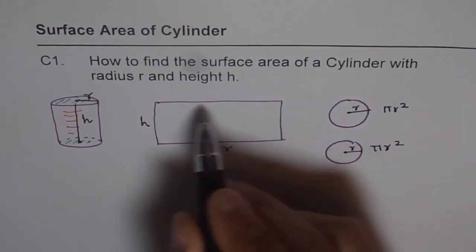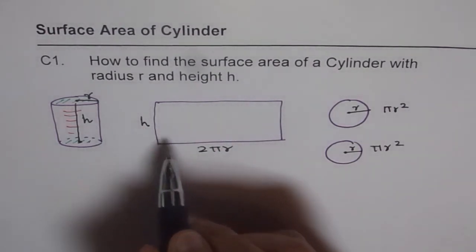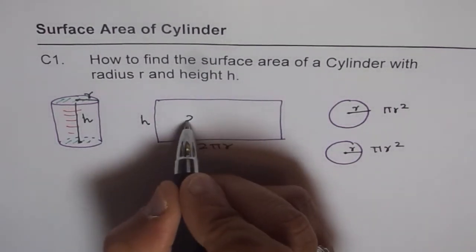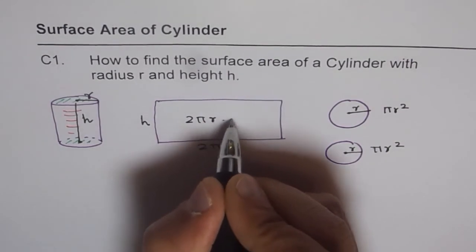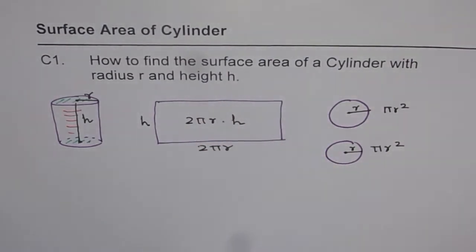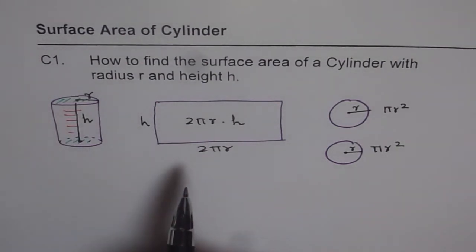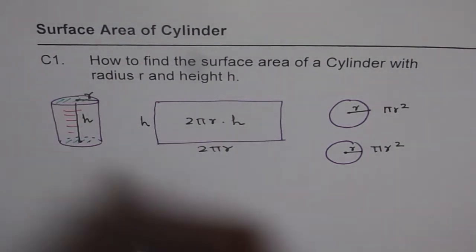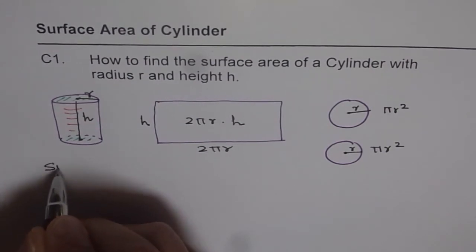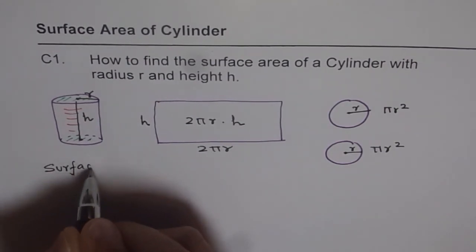And what is the area of this rectangle? Length times width, right? So it is 2 pi r times height. So that is the area of the rectangle. So now we can find the total surface area of the cylinder. So the surface area of a cylinder is how much? Can you help me find it?